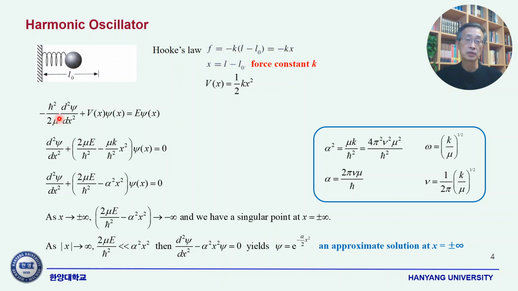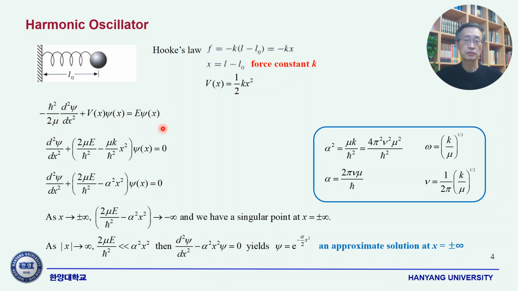Now we are using, instead of m, the reduced mass, d squared psi dx squared. This is the kinetic energy term. Then there is the potential energy plus V of x, and then psi of x. This is the Hamiltonian side of the Schrödinger equation, which is equal to energy times psi of x.